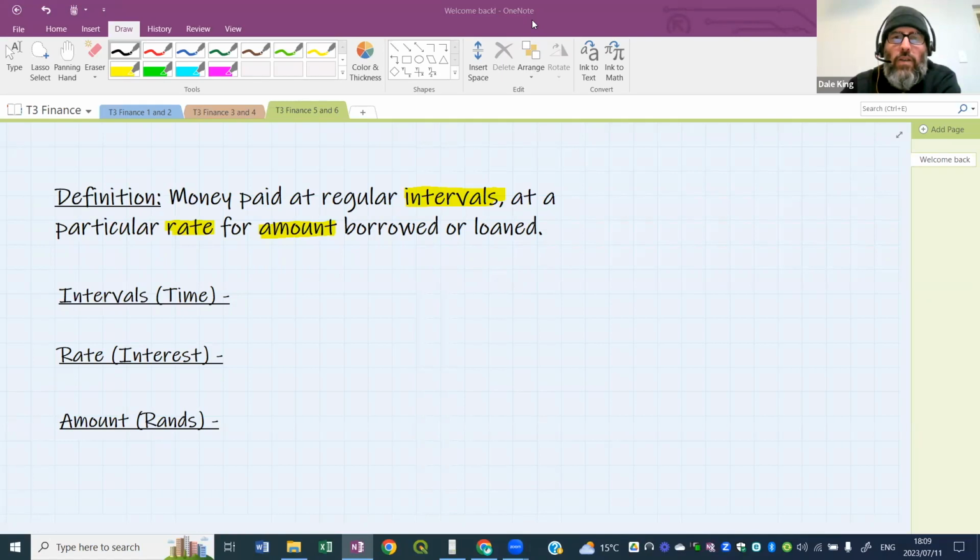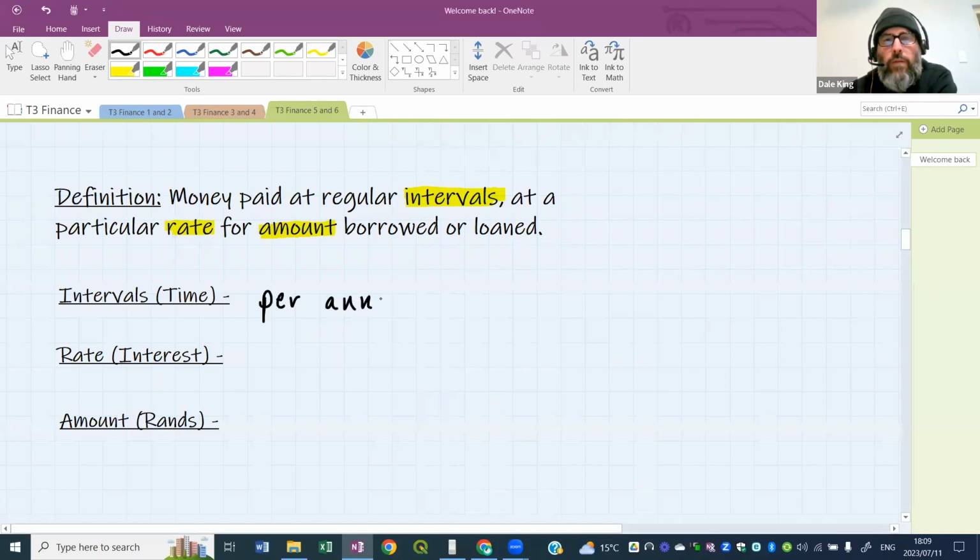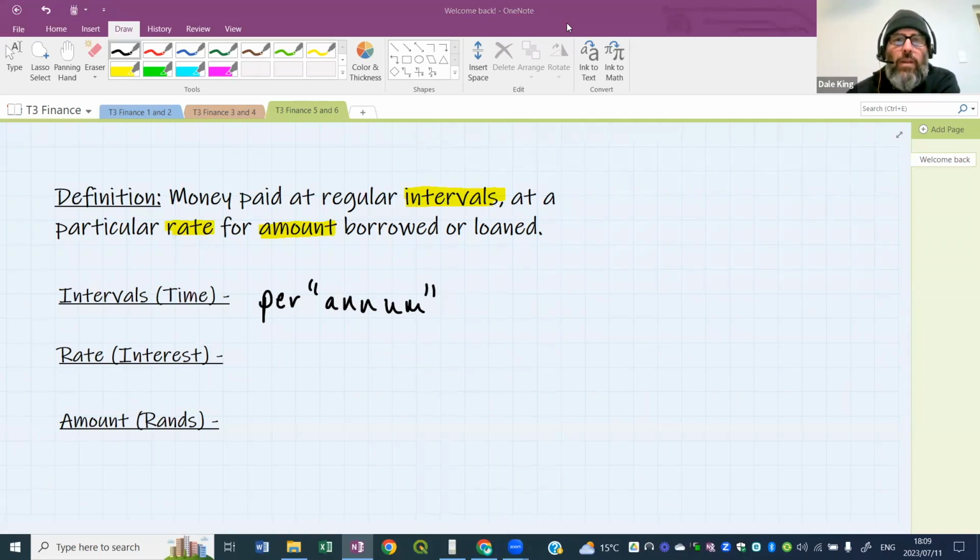All right. Now, Jasmine has written a word there, annum. I want to focus on that one. Per annum. Who knows what the word annum means? It's a Latin word. Interest can be applied per annum.